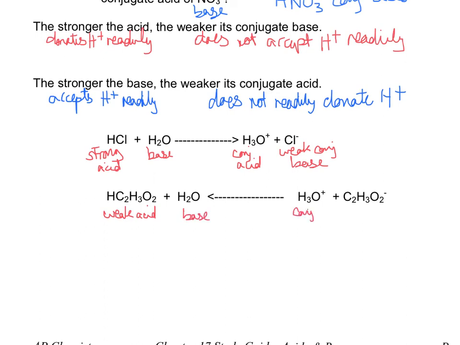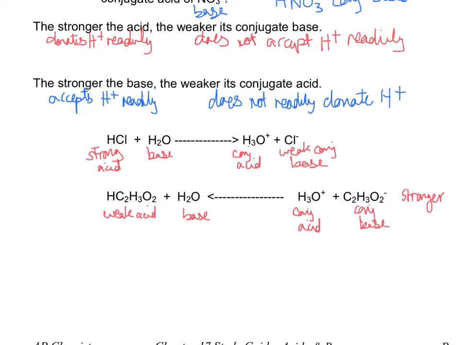There's my conjugate acid. And here's my conjugate base. The weaker the acid is, the stronger the conjugate base. And the stronger the acid is, the weaker its conjugate base.